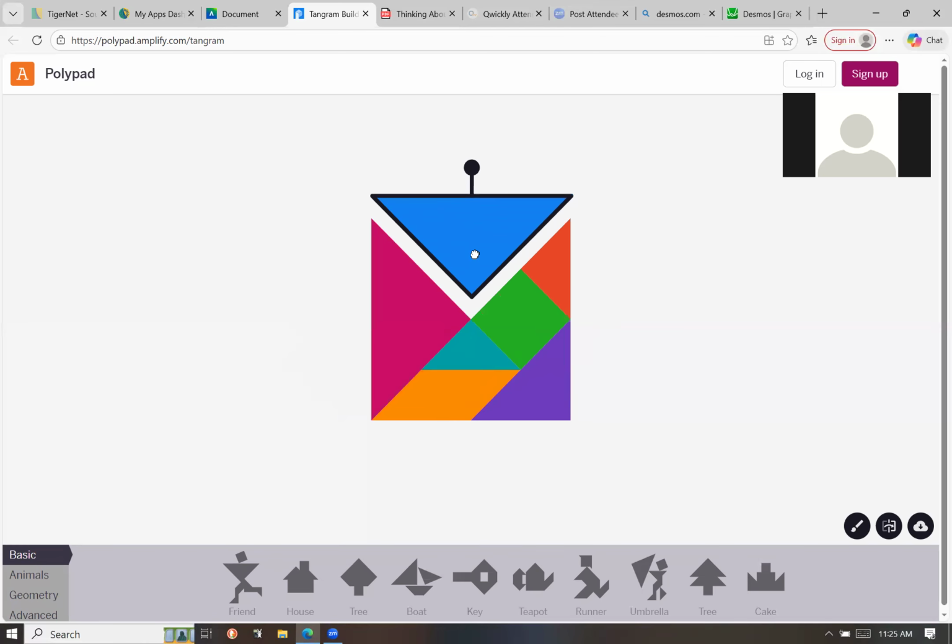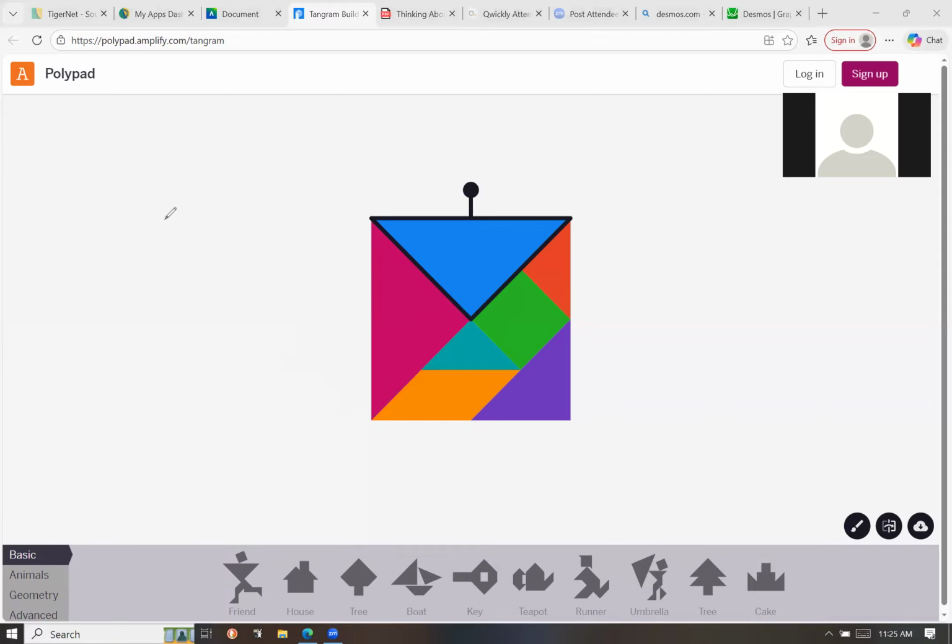So if the whole entire puzzle is worth $12, let's first start just by breaking 12 into 4. What's a fourth of 12? 3. So we've got $3 here. And we've got $3 here.